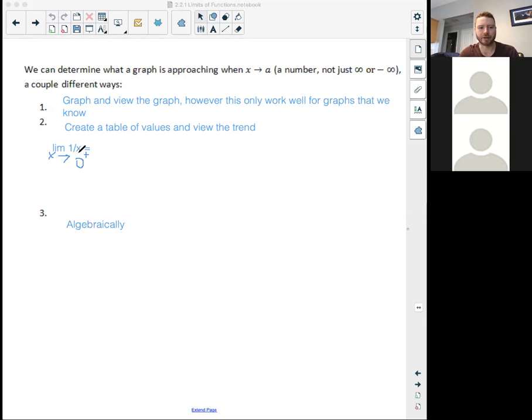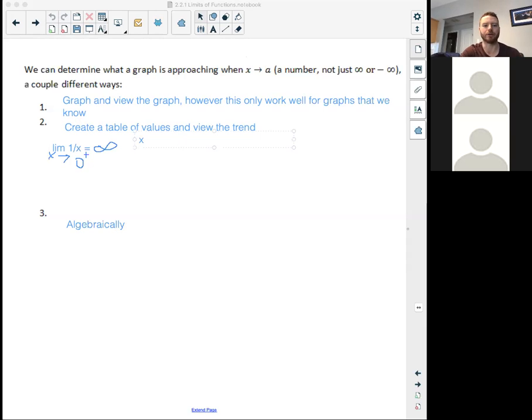So we know this from the last one, 1 over x, as x approaches 0 from the positive. We know it's going to be infinity from what we last did, but let's create an actual table of values here, okay? So we're going to do x on the top, and we want to use values that will describe the behavior of the function as it's approaching 0.